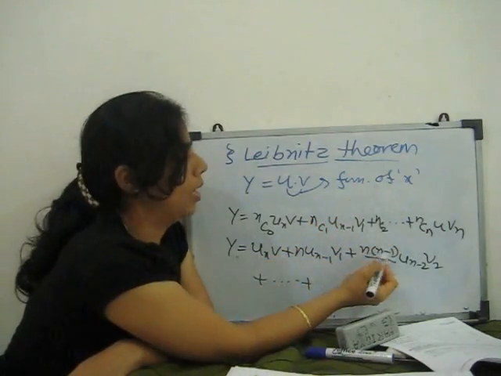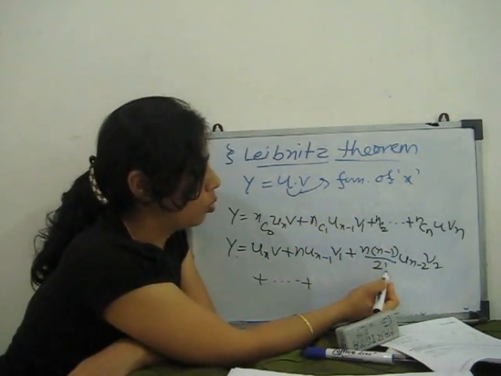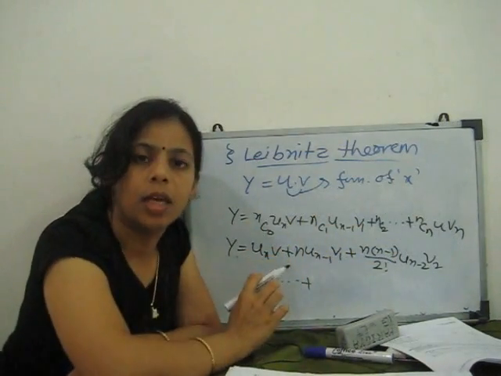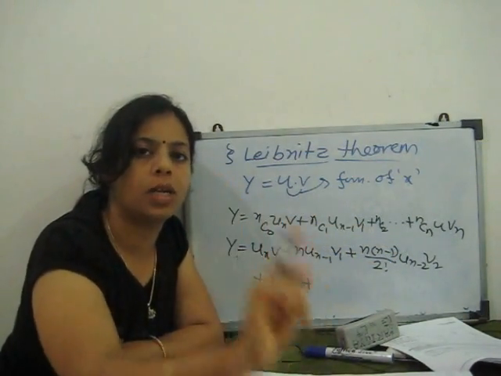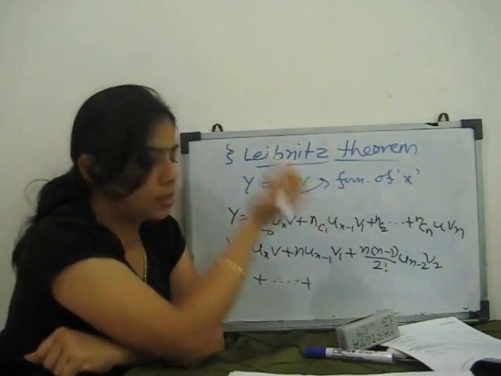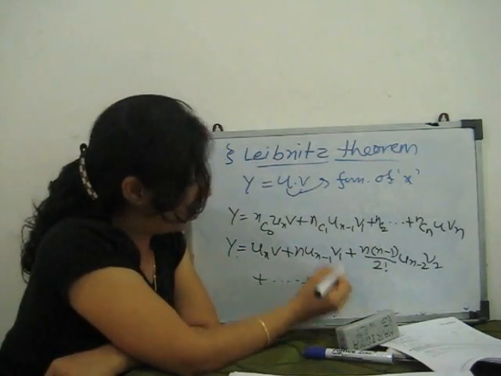The third term is n(n-1)(n-2) upon factorial 3, which means 1 into 2 into 3, so the denominator is 6. The last term is u v_n.